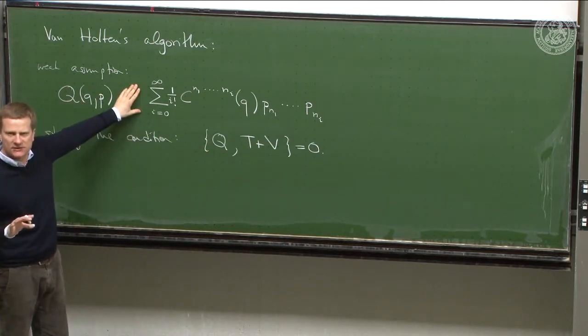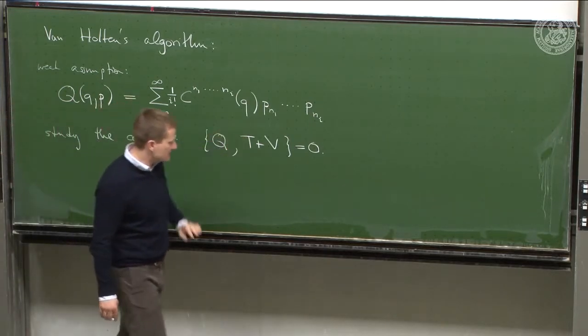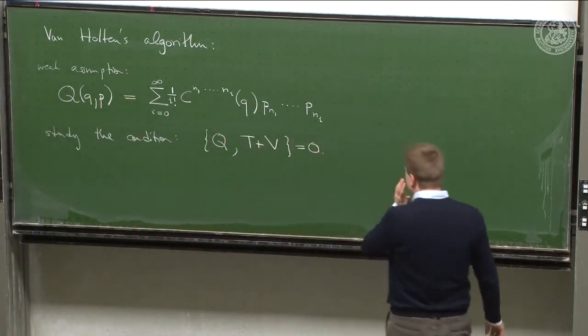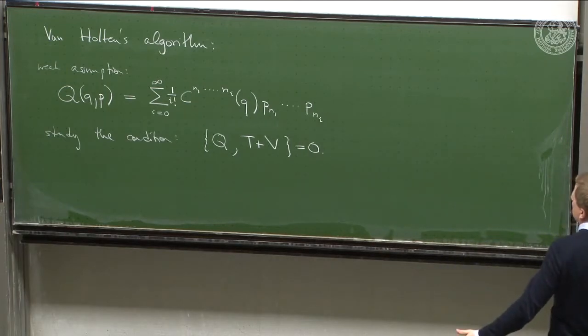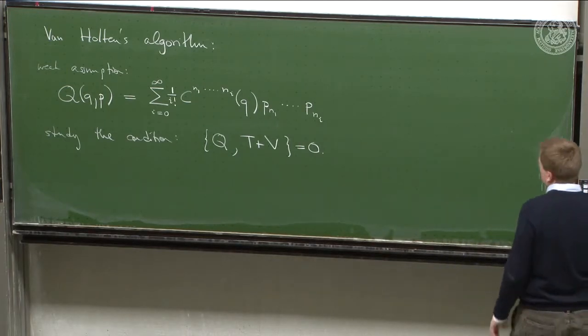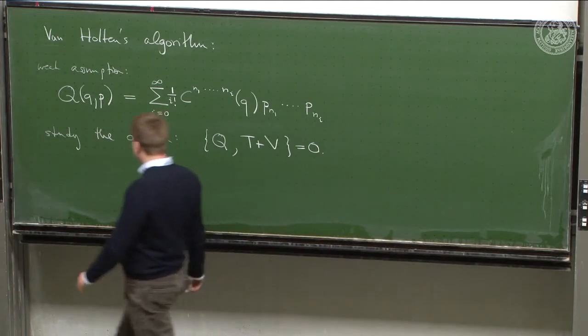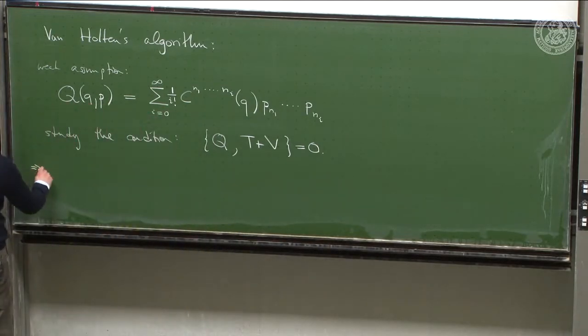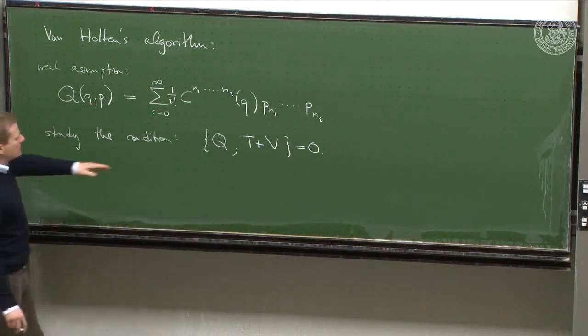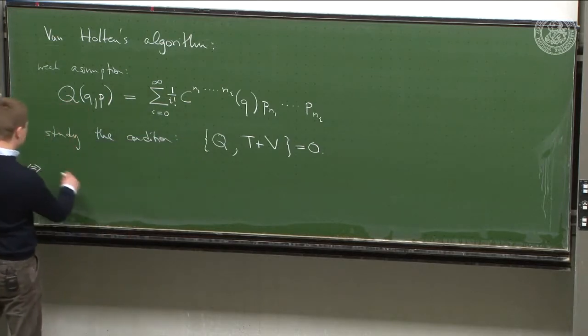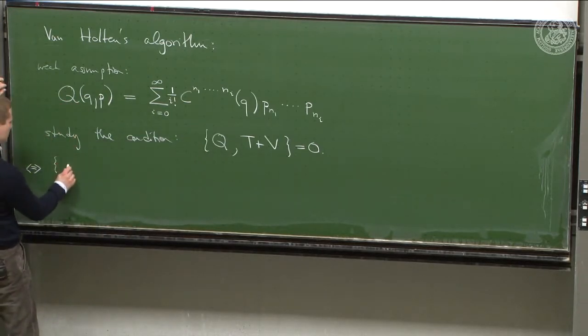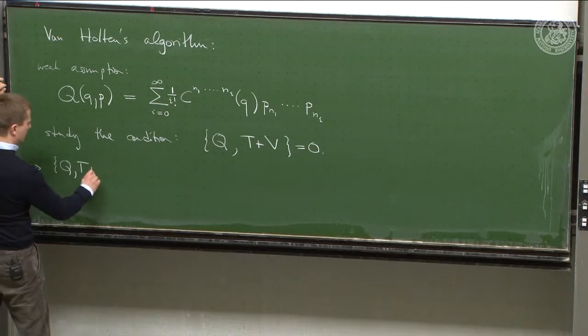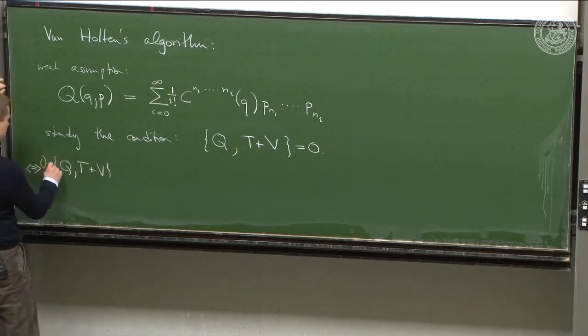We're not distinguishing yet between kinematical and dynamical symmetries. Now, we've got to calculate this guy. So let's start here. What does this mean? Well, it means that the Poisson bracket of Q with T plus V is 0.